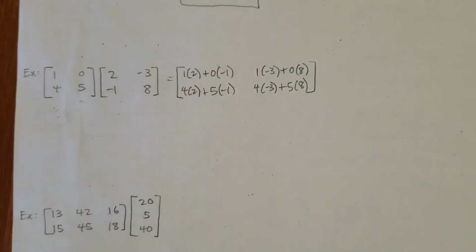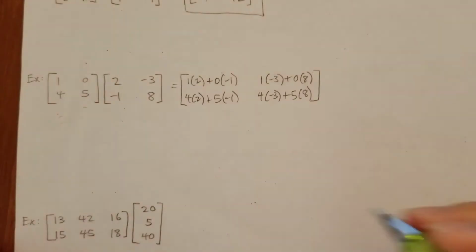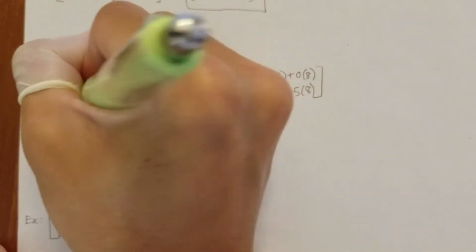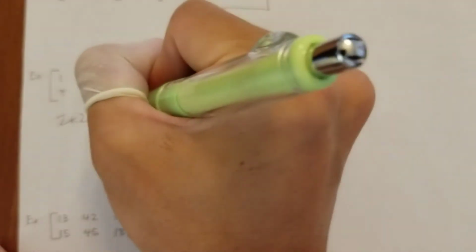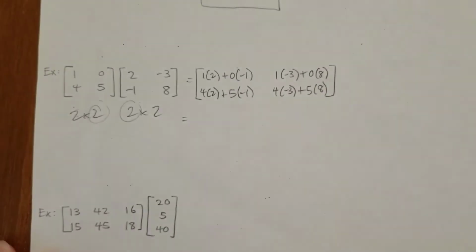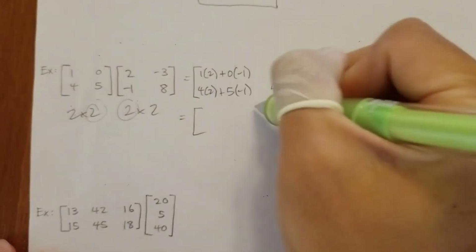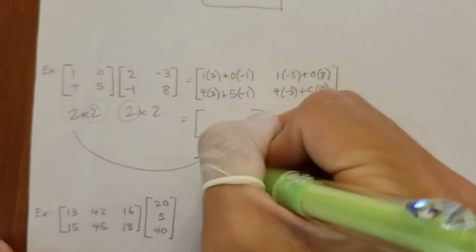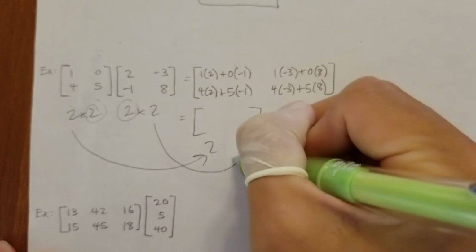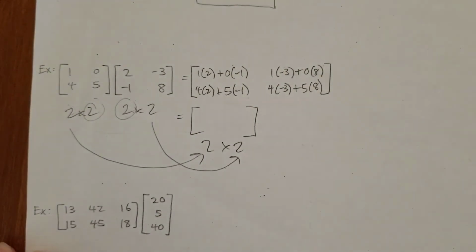Okay? So, like we said earlier, because this is a 2 by 2 matrix, and this is a 2 by 2 matrix, since these numbers are the same, our output is going to be a 2 by 2 matrix.